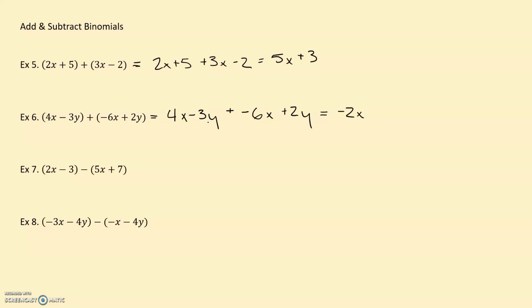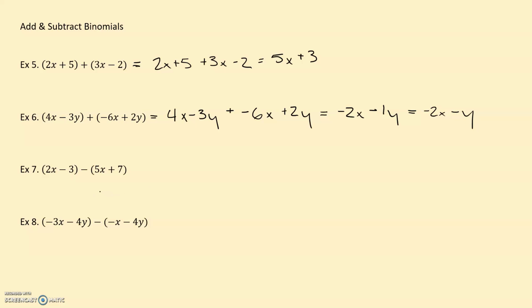And then the -3y plus 2y would be a minus 1y, or just minus y. So you want to make sure you're keeping your signs together. Like when I combined this minus 3y and this plus 2y, that was a -3y plus 2y. -3 plus 2 is -1.